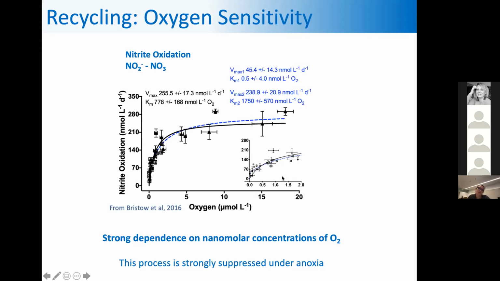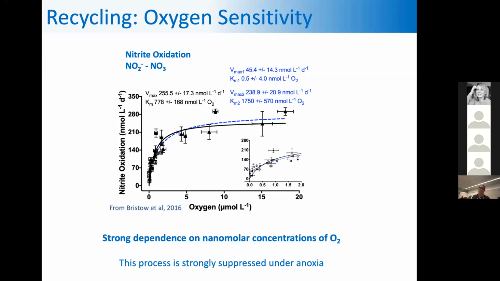And there with the two components, we actually have one component that would have a Km value of less than 1 nanomolar. And this is exceptionally low, suggesting we have maybe a part of the community that is really able to take advantage of any small amounts of oxygen available. But all in all, even though we know this is an aerobic process, it really has a strong dependence on nanomolar concentrations of oxygen.